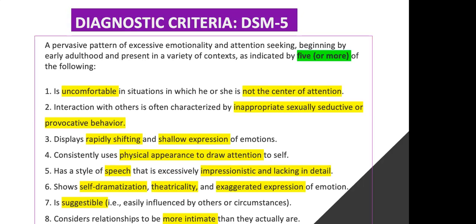They tend to display rapidly shifting and shallow expression of emotion, and they consistently use physical appearance to draw attention to self. They have a style of speech that is impressionistic but lacking in detail, and show self-dramatization and exaggerated expression of emotion. Is suggestible, meaning easily influenced by others or circumstances, and they tend to consider relationships to be more intimate than they actually are.